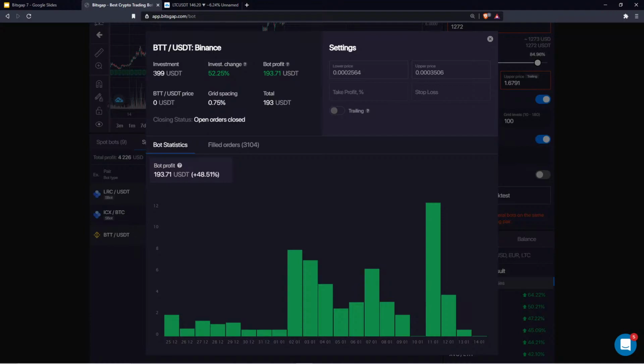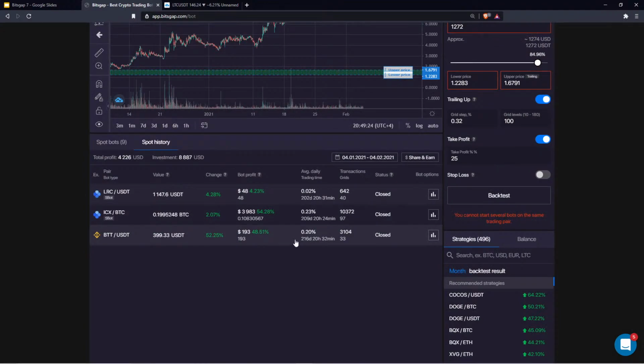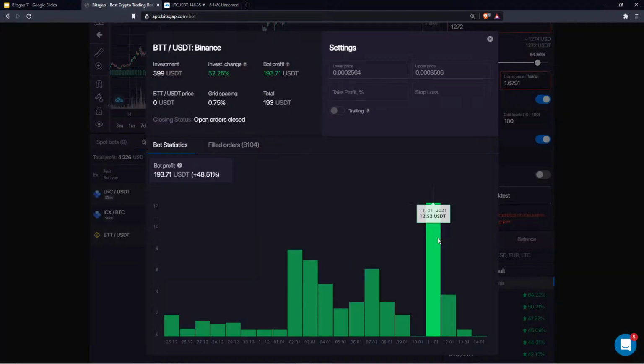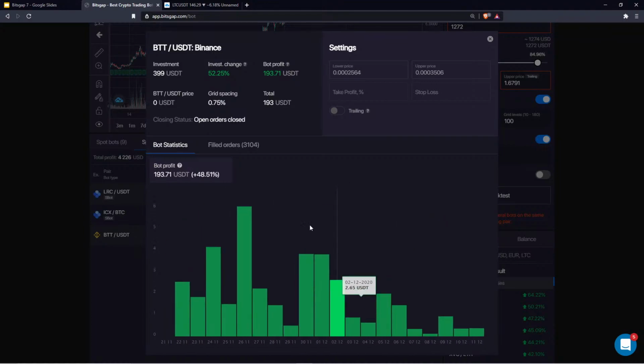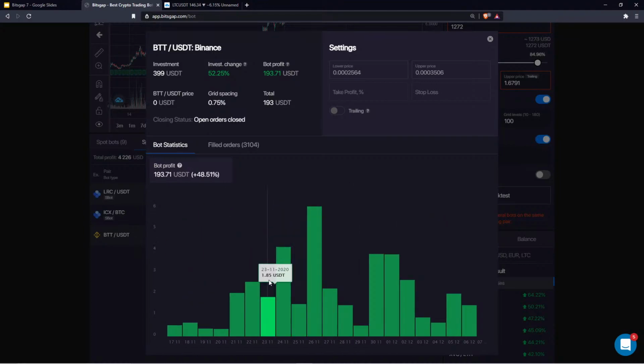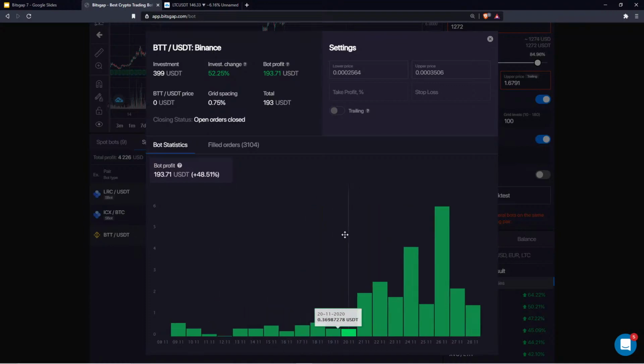So it turns out that when you had a 400 USDT investment with a grid spacing of 0.75, which was actually 33 grid levels in total, then on average, if you move it to the left side, you would see that it was somewhere around $4.